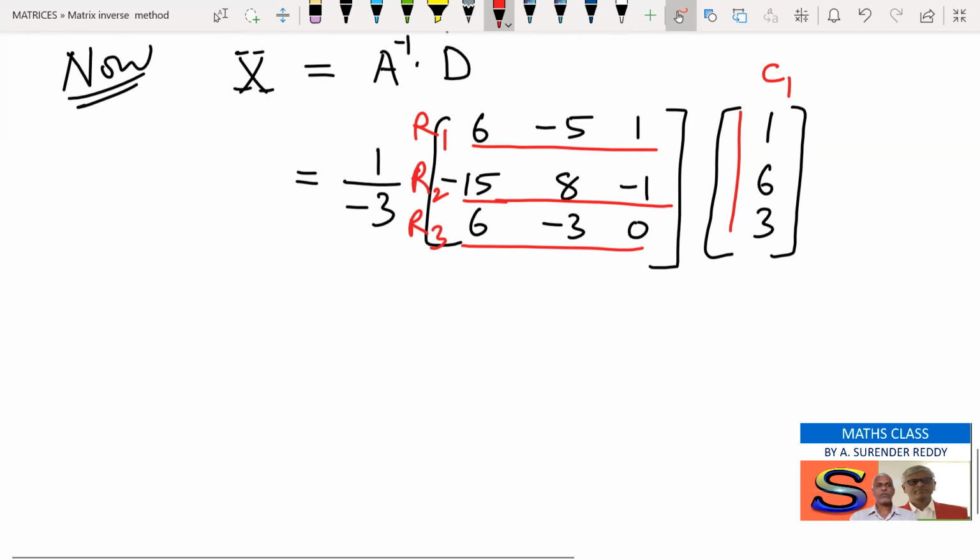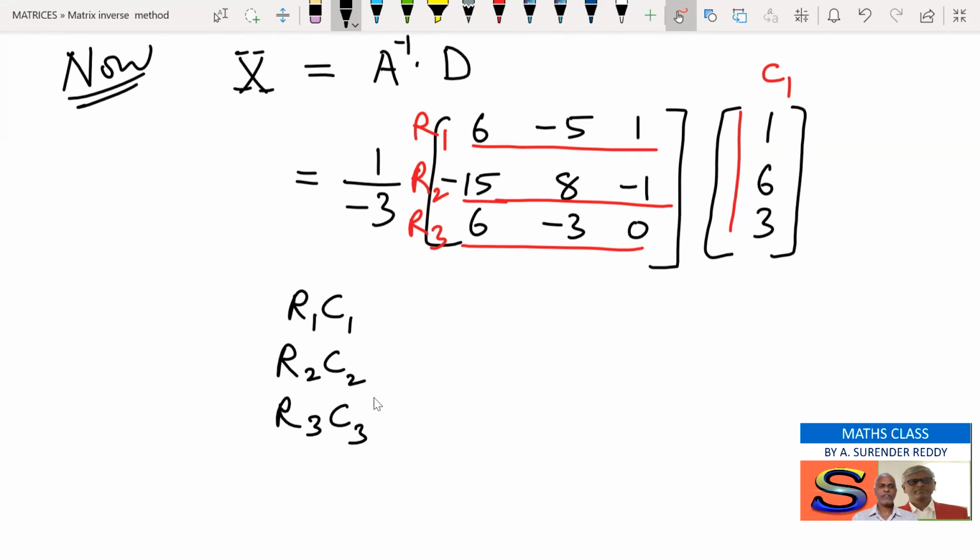First matrix rows and second matrix columns. You take R1 multiply with C1, take R2 multiply with C2, take R3 multiply with C3. So this is the procedure for multiplication, and 1 by minus 3 will be the same.